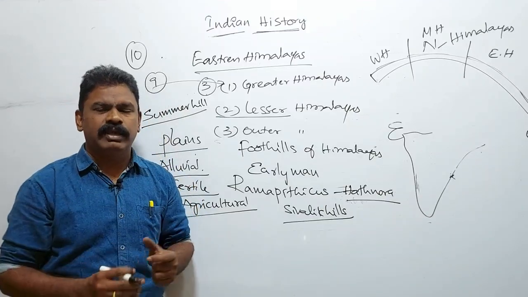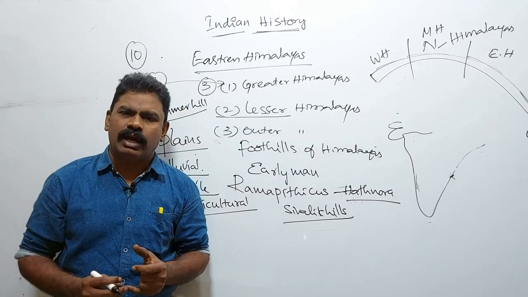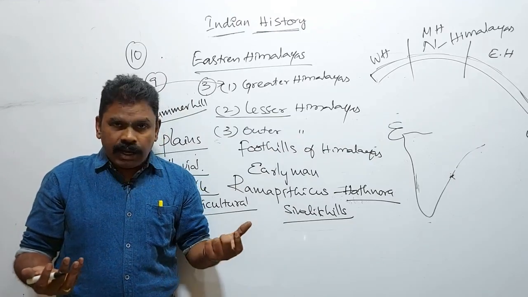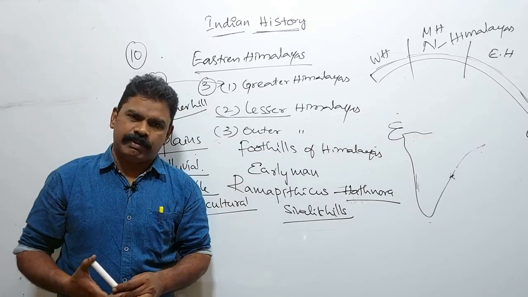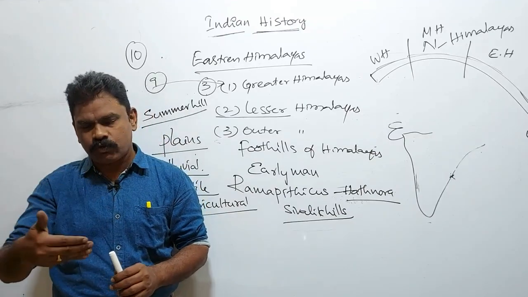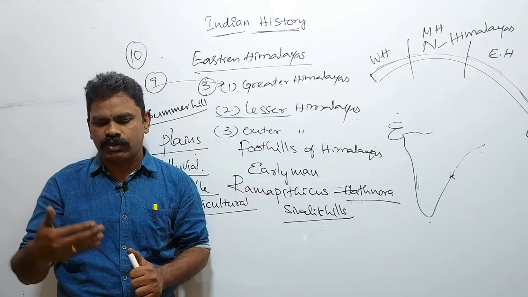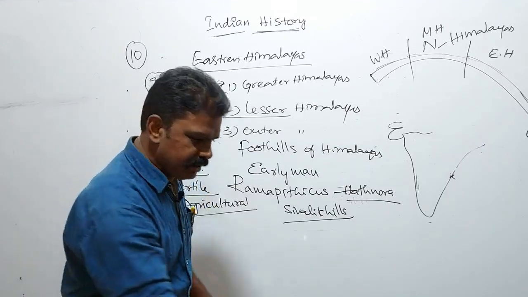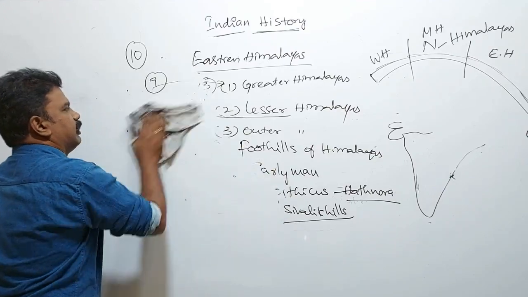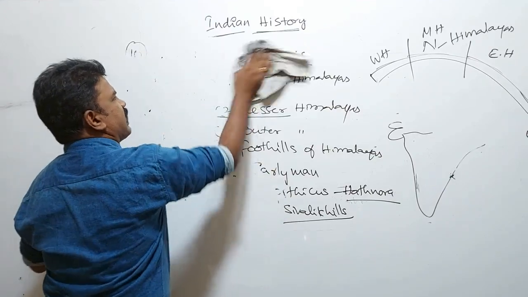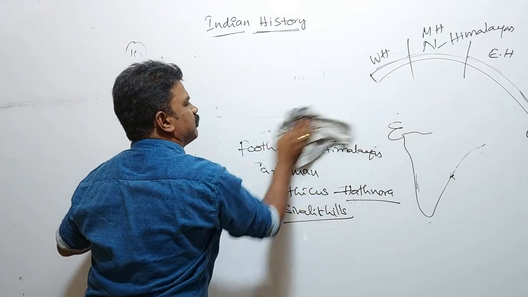That is the impact of the Himalayas on Indian history. And also the earliest states like the Magadha Empire were established in the foothills of the Himalayas. Himalayas impacted Indian history a lot.